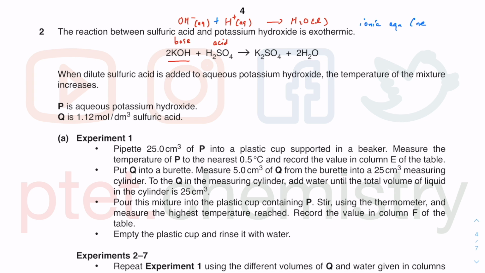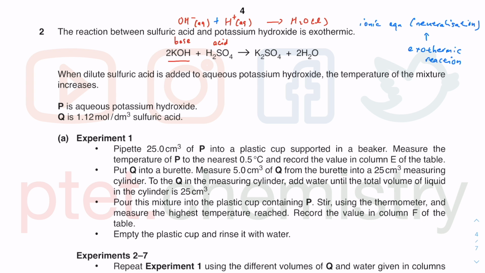This is your classic ionic equation for any neutralization equation. You always come back down to H+ plus OH- giving you H2O liquid. As such, we are not breaking any bond. Instead, we are forming a covalent bond, and that is why neutralization is an exothermic reaction. There is no bond being broken, and we are just forming the covalent bond between oxygen and hydrogen. This is just bond formation, which is exothermic.